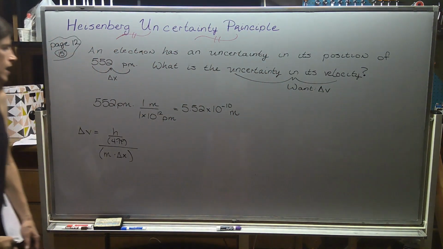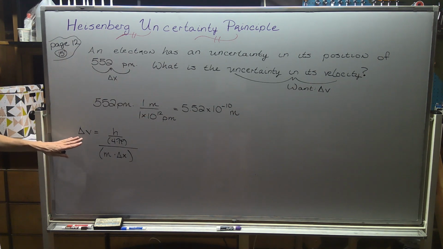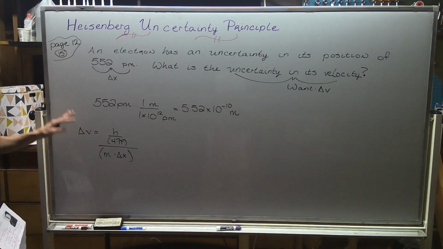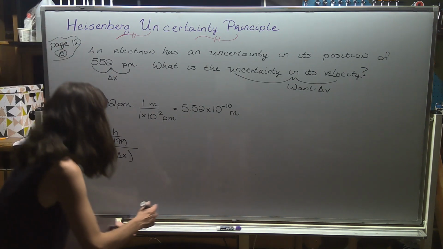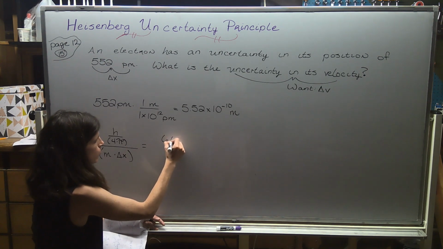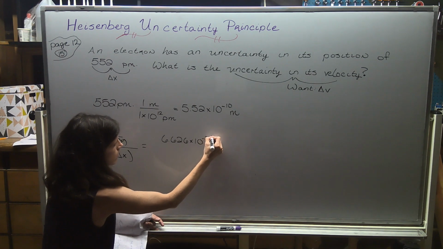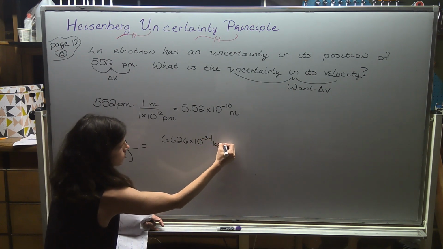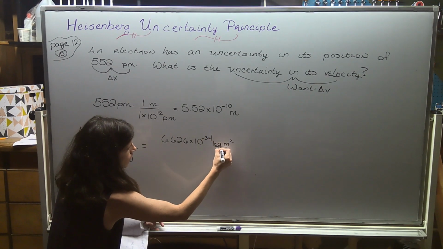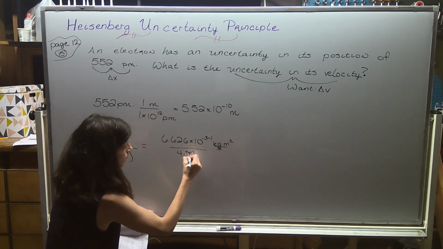I went ahead and converted the picometers to meters, and then I also did the manipulation on the Heisenberg Uncertainty Principle equation. So let me start plugging in all my numbers then. I have 6.626 times 10 to the negative 34 kilograms times meters squared over seconds divided by 4 times pi.